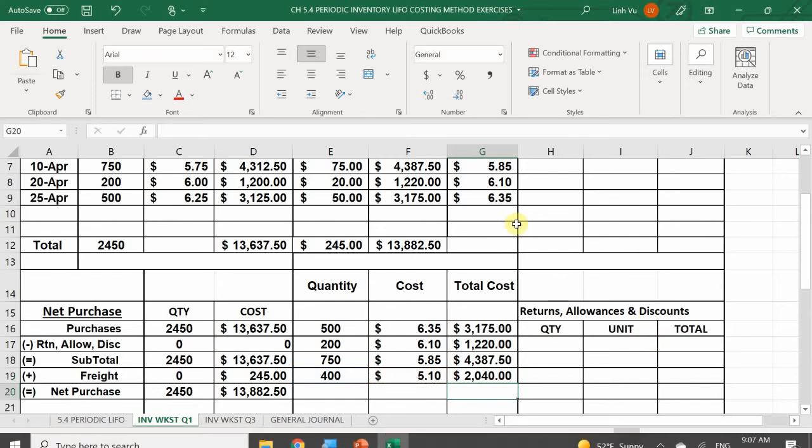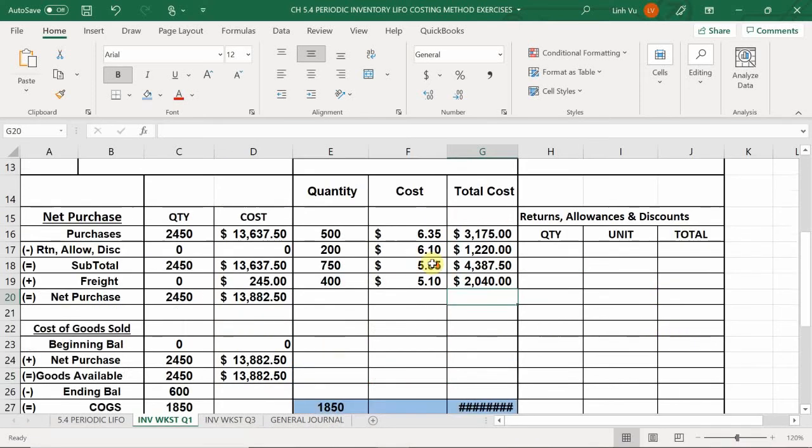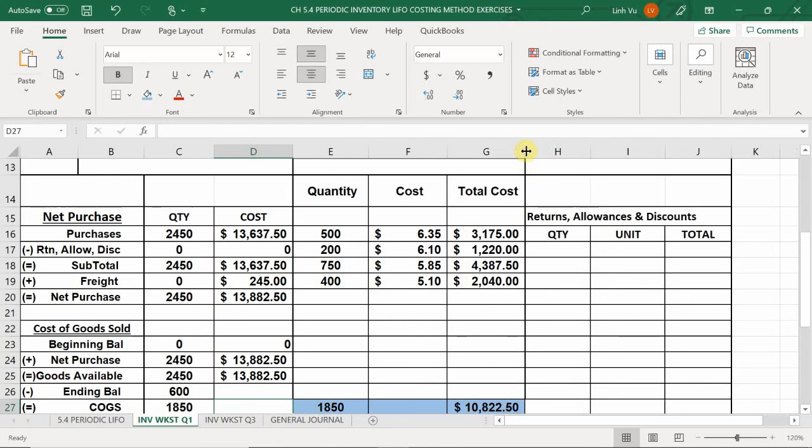2,040. So once again, because I've already done my equal sum at the bottom, I tallied up my totals. So in this case, for selling 1,850 units, it cost me a grand total of $10,822.50.